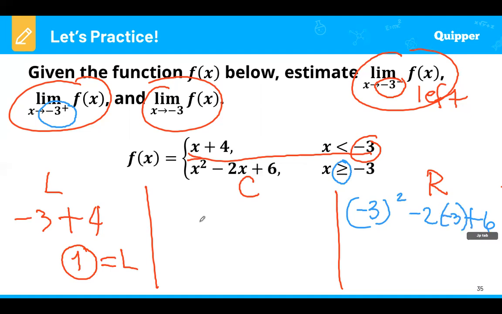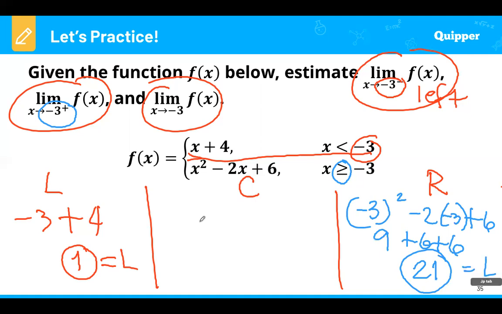Negative 3 squared, that will be 9. Negative 2 times negative 3, that will be positive 6, plus 6. 9 plus 6, 15 plus 6, that will be 21. So on the right side, we have 21.